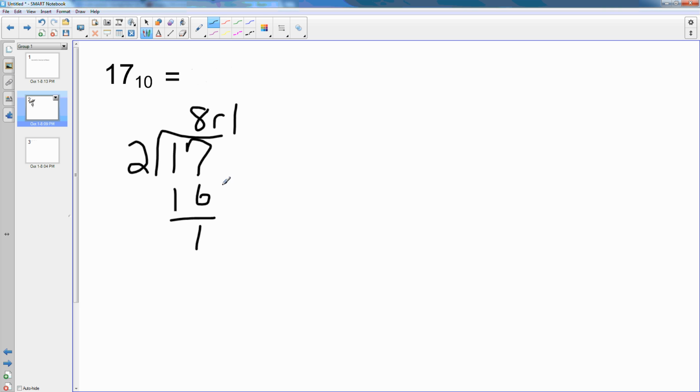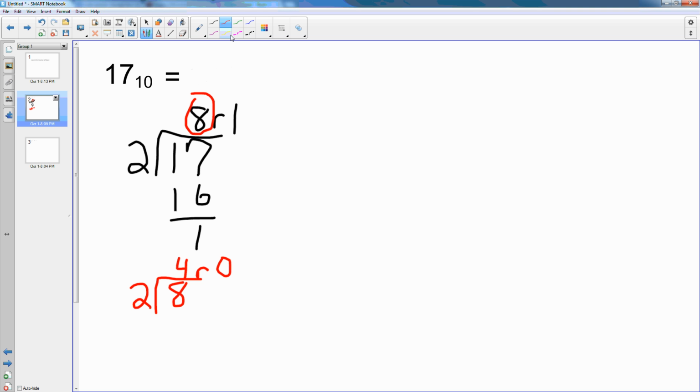So it's old school. Now what I'm going to do next is take this 8 right here, and use it in my next one. So I'm going to say 8 divided by 2. Okay, 2 goes into 8 4 times with a remainder of 0.